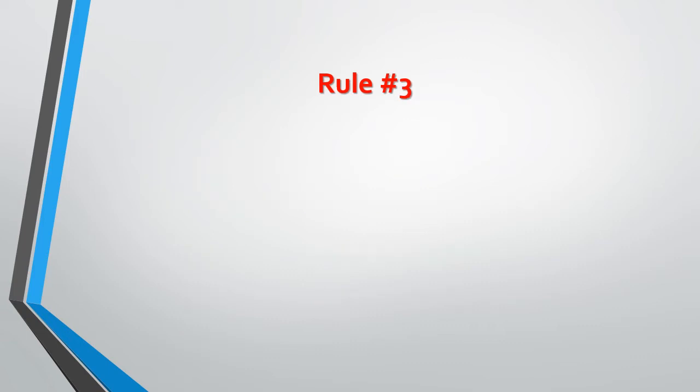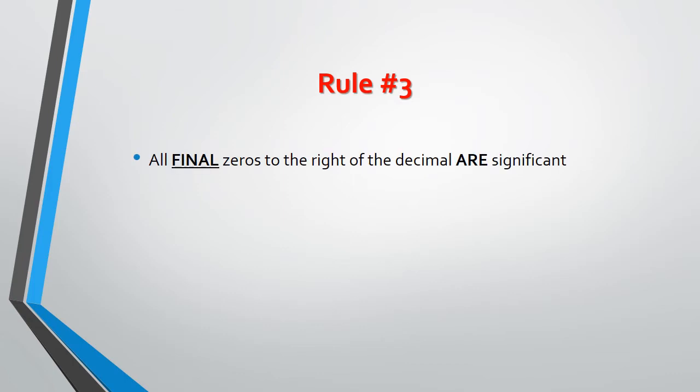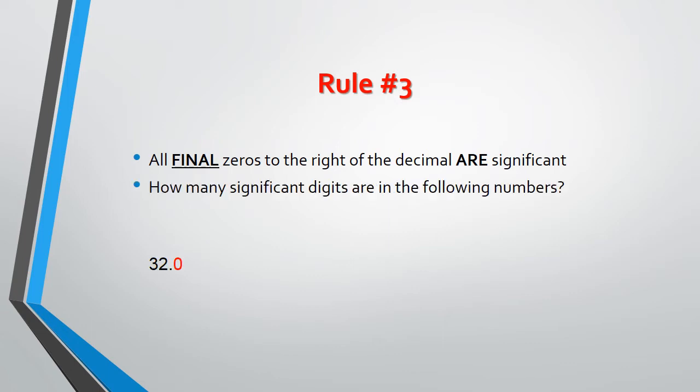Rule number 3. All final zeros on the right side of the decimal are significant, assuming the left side are non-zero. Let me give an example here. So obviously, we have a decimal here, and this 0 here is on the right side of the decimal, and here we have non-zero. So therefore, this is significant, and the answer is 3. Well, same thing.